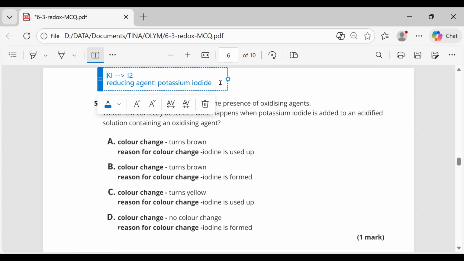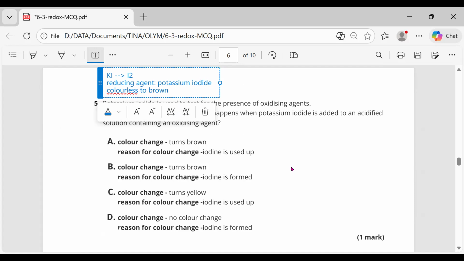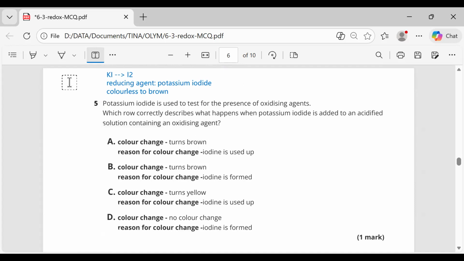From what color to what color? Potassium iodide is colorless, and iodine solution is brown. So the color changes from colorless to brown. Because this is a reducing agent, it reacts with an oxidizing agent.